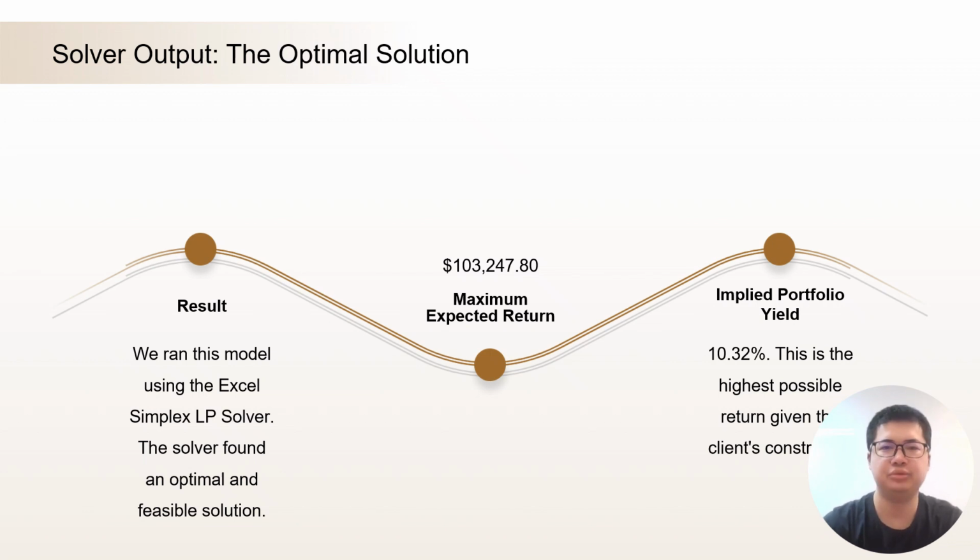I'm really excited to share the results of our investment strategy analysis. First off, we found that the maximized expected return is about $103,000. This is the highest potential profit we can aim for, given our investment guidelines. Plus, our overall portfolio yield is sitting at 10.32%.